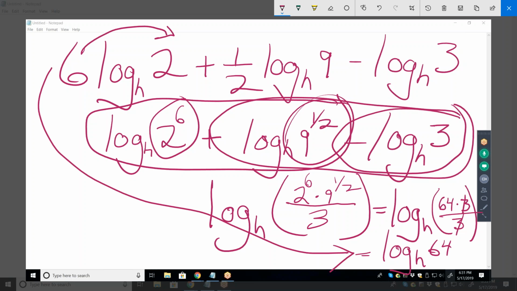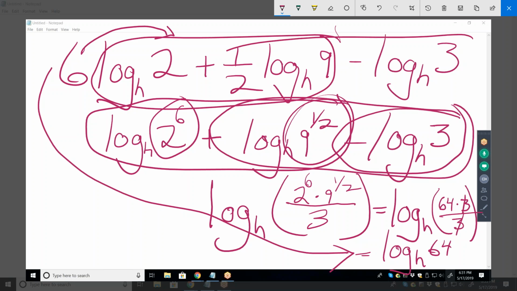So all you have to do is follow those 3 rules every time. If you're compressing, the first thing you do is bring the exponent up, and then you take anything that's being added and you multiply the arguments, and you take anything that's being subtracted and you divide that argument.